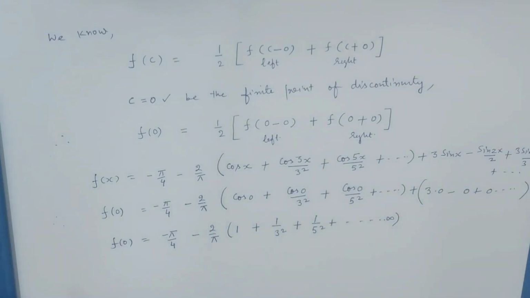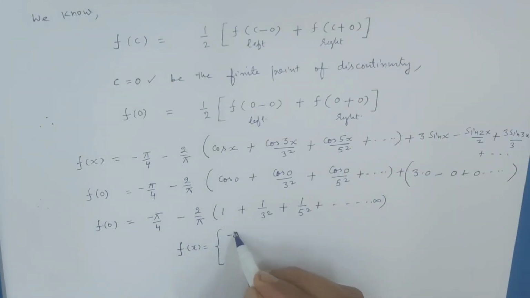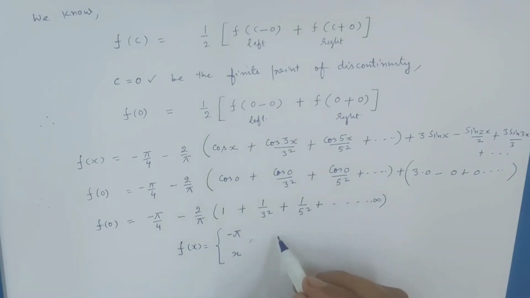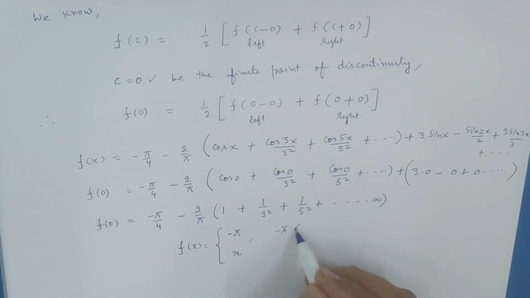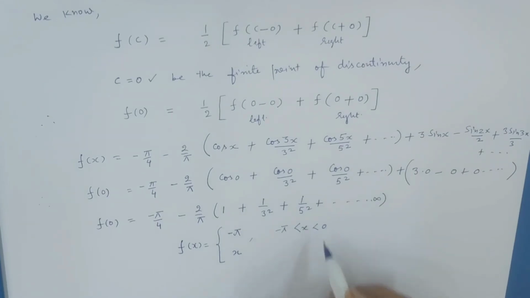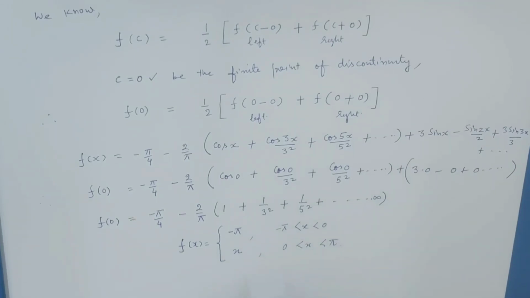फ्रॉम द क्वेश्चन f ऑफ x इक्वल टू minus pi and x. Here minus pi less than x less than 0. Here is 0 less than x less than plus pi. X less than 0 means left-handed limit.